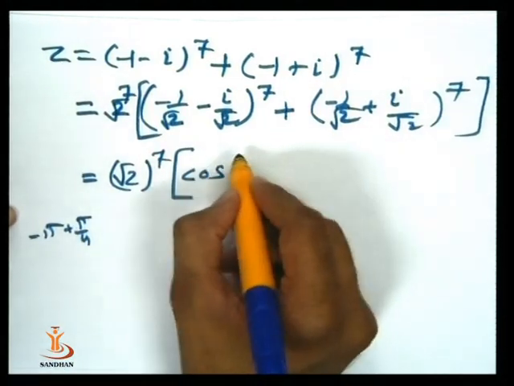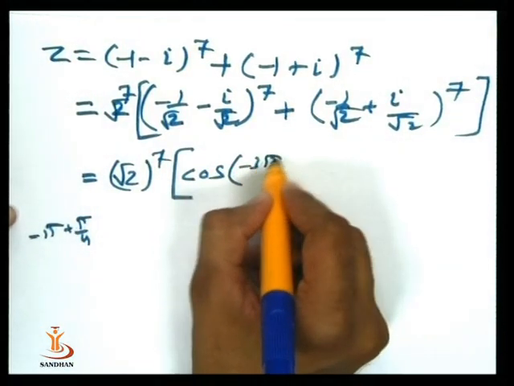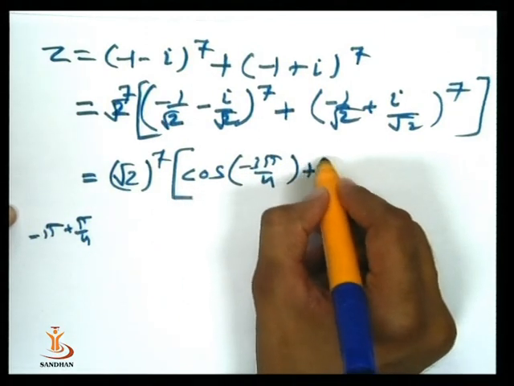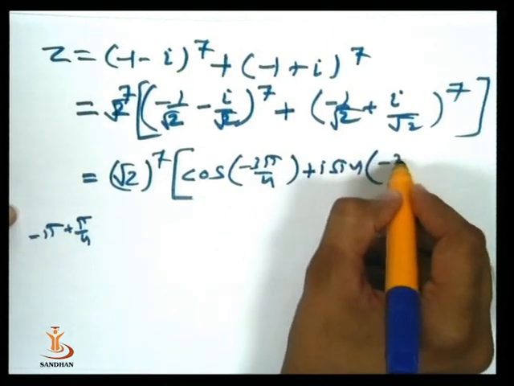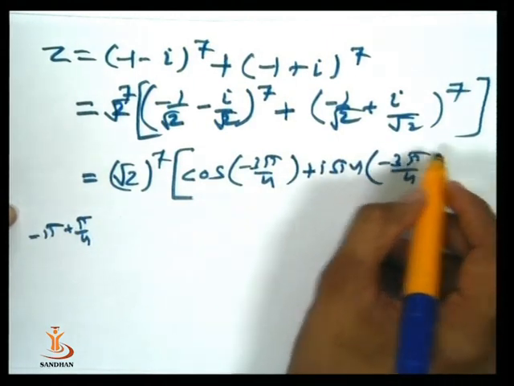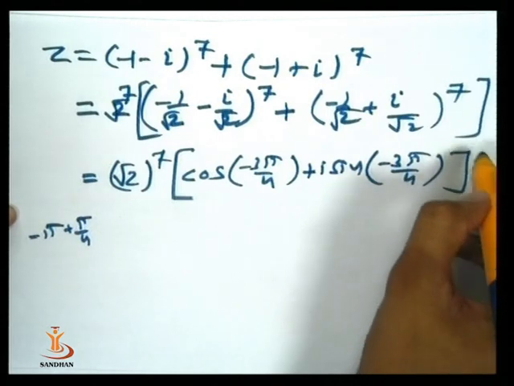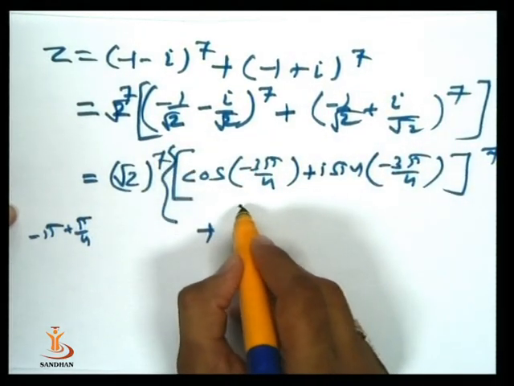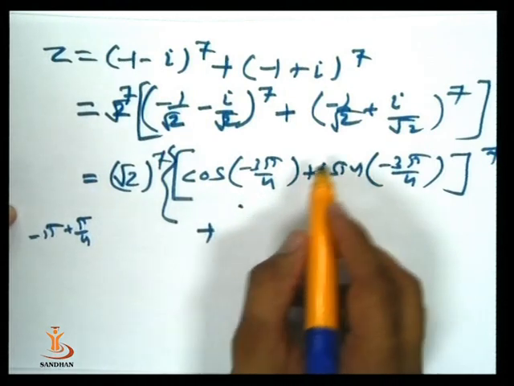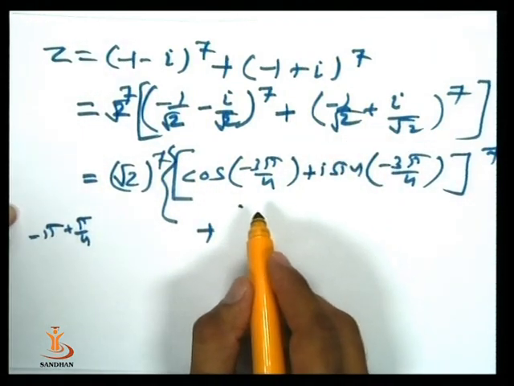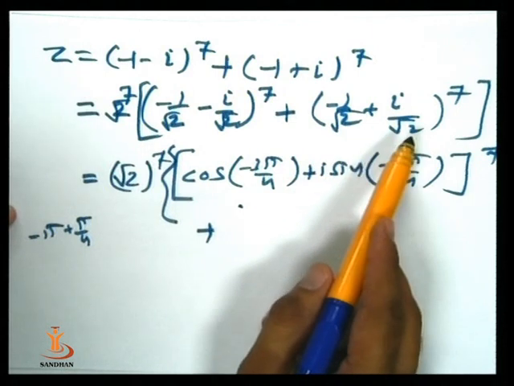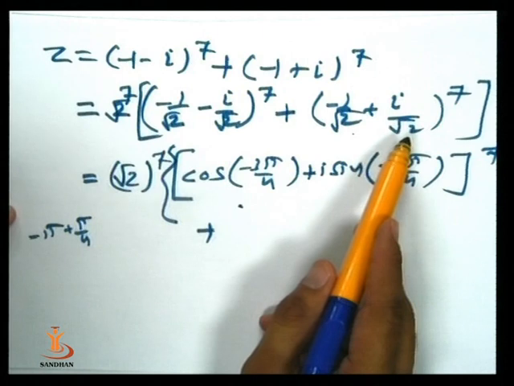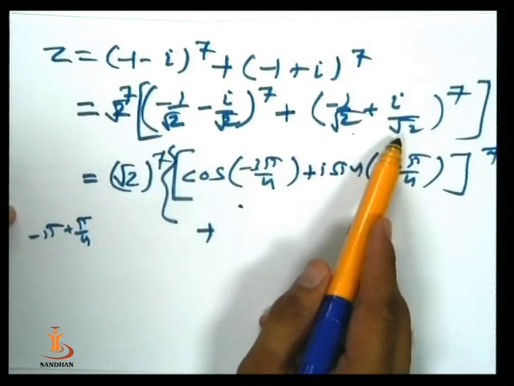So this is cos minus 3 pi upon 4 plus i sin minus 3 pi by 4, raised to 7, plus similarly here, this complex number has x negative and y positive, so this lies in the second quadrant.